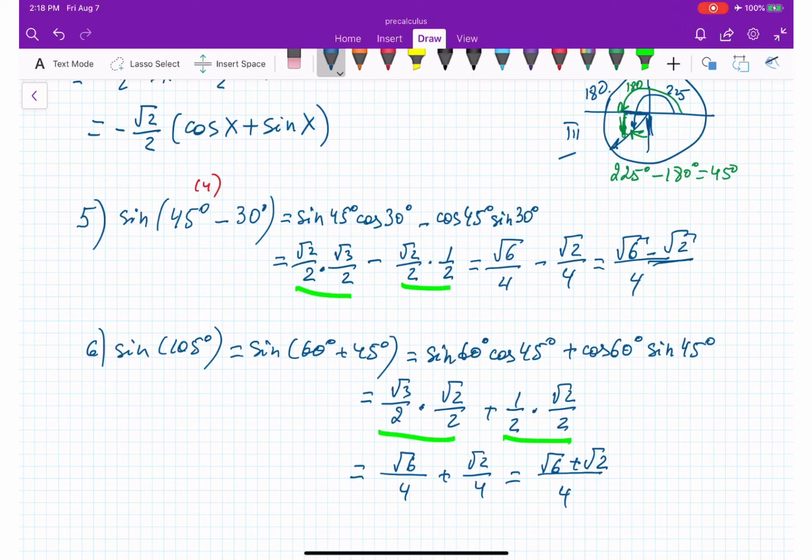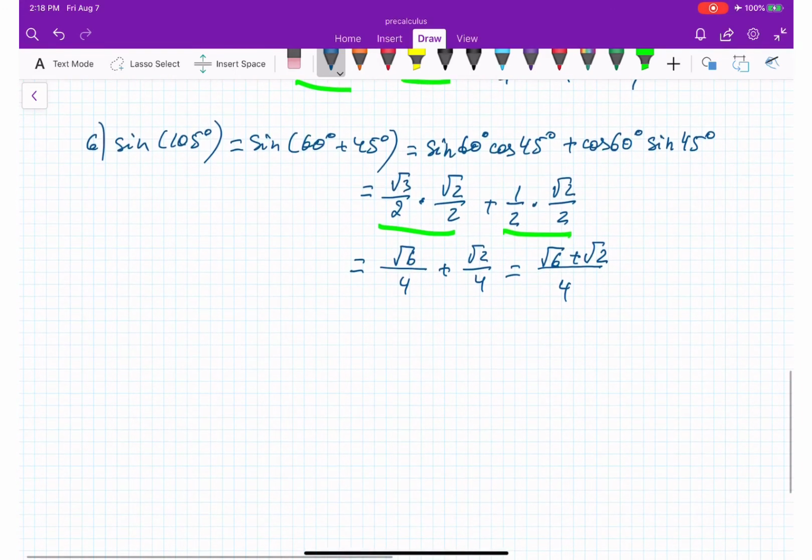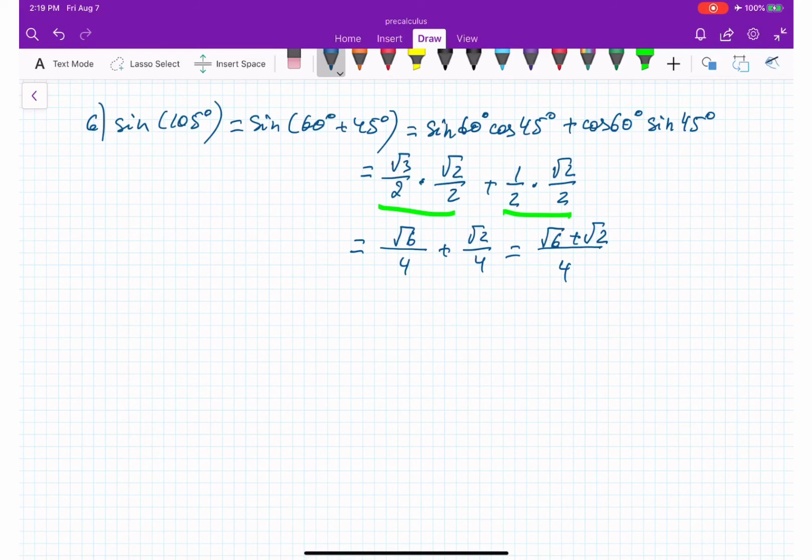And that will be our final answer. Let me solve one more problem and I will be done. I'm trying to apply all formats of problems where you have to use sum and difference of sine and cosine.